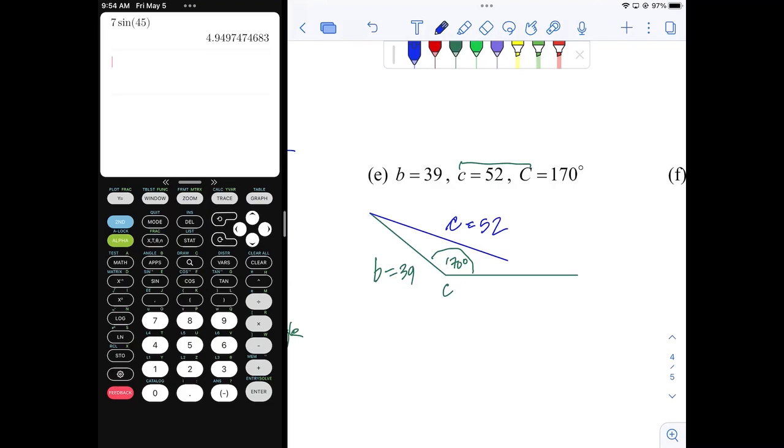It is, because it's bigger than 39. So I know it's going to intersect at least once, maybe somewhere out there, if you extend it. But if you swing that thing around, since 52 is bigger than 39, it's going to intersect outside the triangle. And so that's not a triangle for us. Maybe a triangle for someone else, but not for us. So how many solutions do we have? Just one solution. Yeah, good.